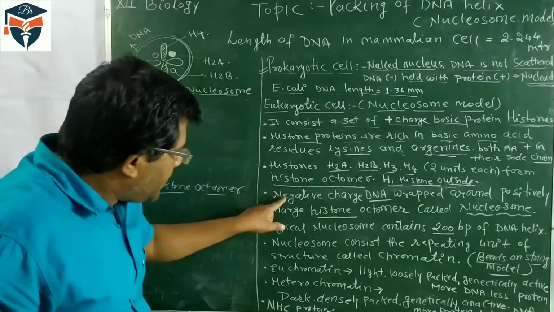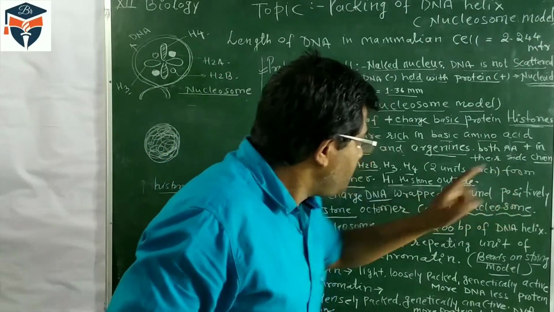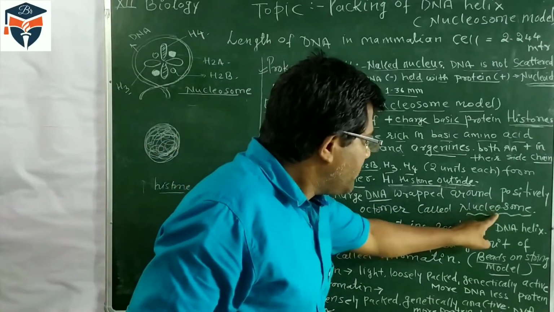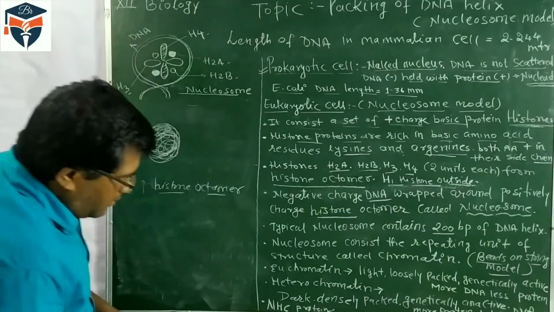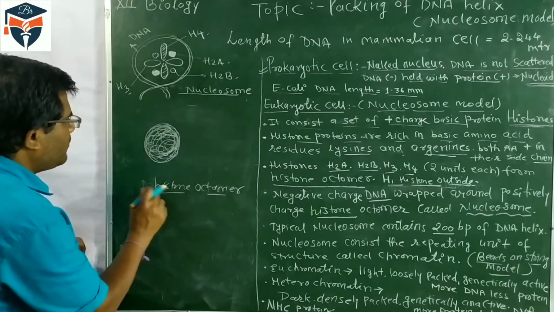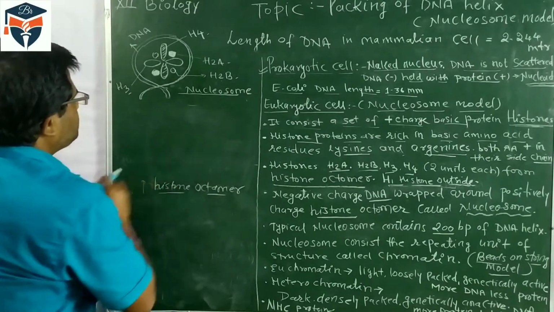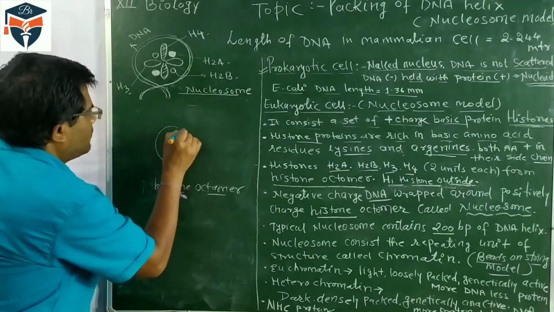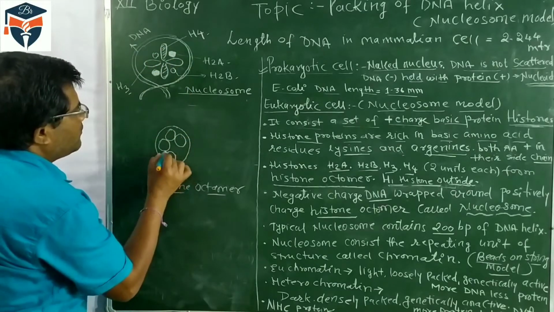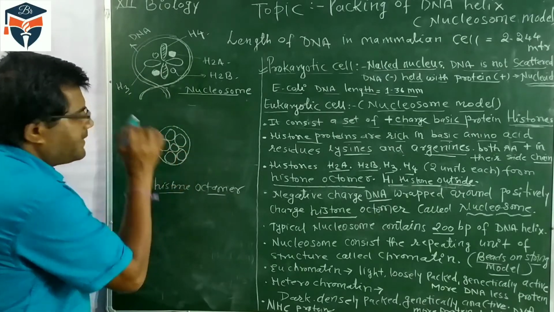Now, negatively charged DNA is wrapped around the positively charged histone octamer, and it is called the nucleosome. Look here. All 8 are together here, and I have marked the histone octamer. So these proteins are arranged inside.